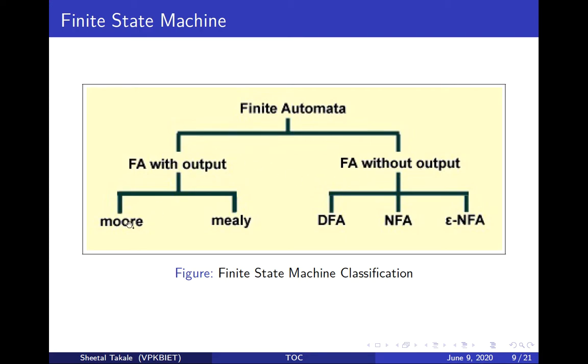FA with output are Moore and Mealy machines, and FA without output are deterministic finite automata, non-deterministic finite automata, and non-deterministic finite automata with null moves. So in the further classes on this unit 1, I will be discussing these 5 types of finite automata.